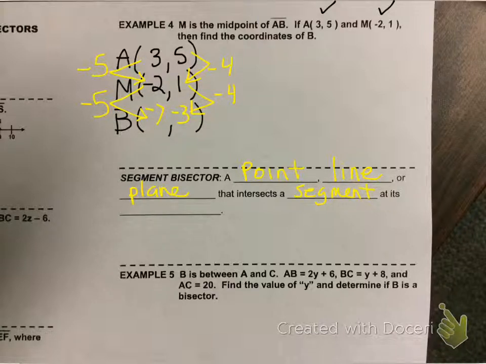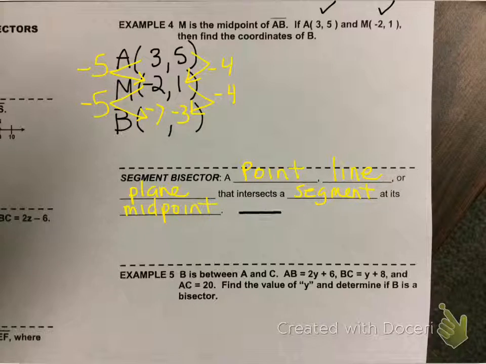What word have we been talking about? The midpoint. Good. So now instead of just a point being there on it, it can be a line or a plane.